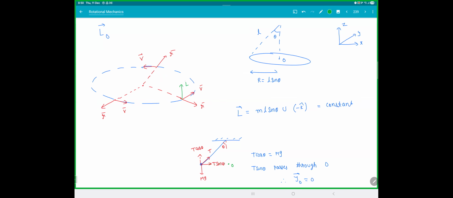This will be L bar, out of the plane, and this will be plus k cap. Clear? It's the same thing. I'm just making it more neat, nothing much.